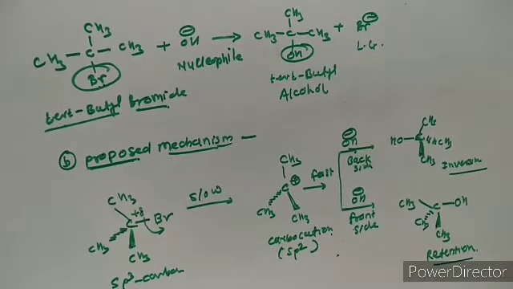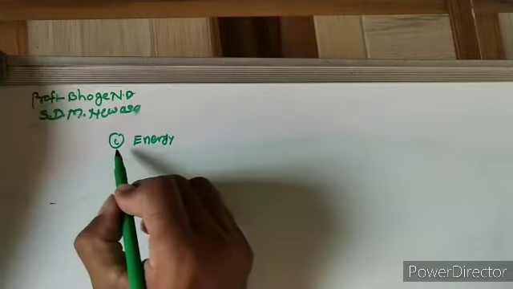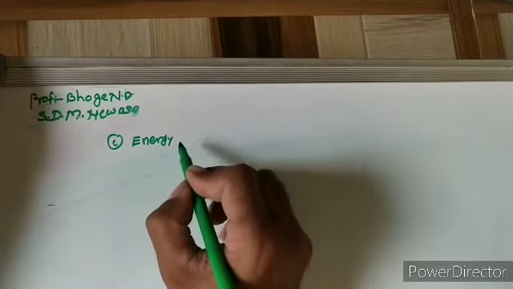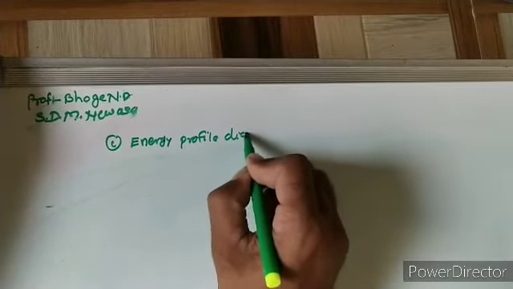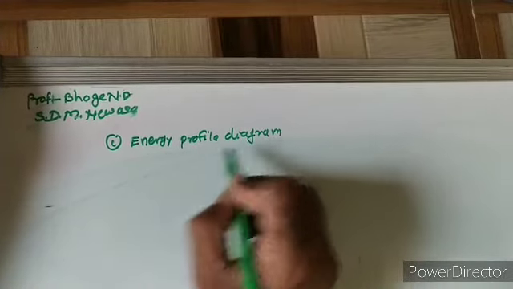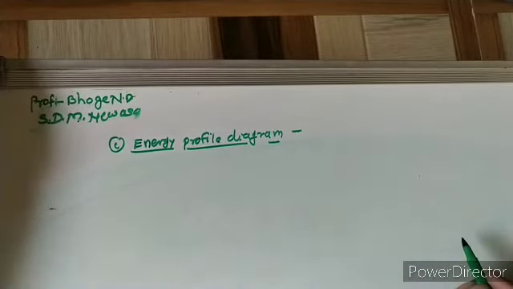So first we see how energy changes in the SN1 reaction mechanism. Okay, let's take the third point, energy profile diagram. Energy profile diagram means how energy changes during the reaction mechanism.